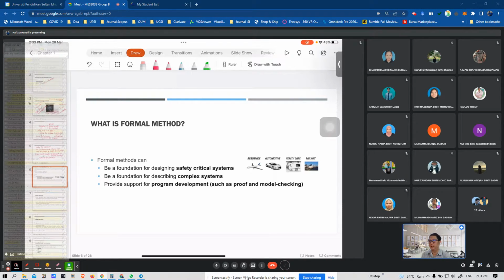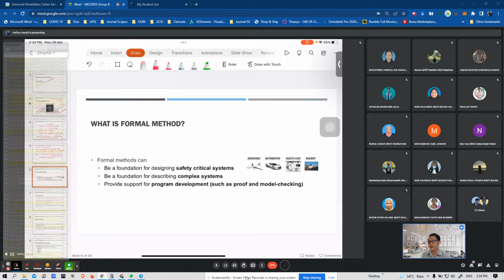If you go and read about Tesla, Tesla also has a formal method approach to ensure the autonomous driving tu safe lah. Okay. And then other than that, we have healthcare.